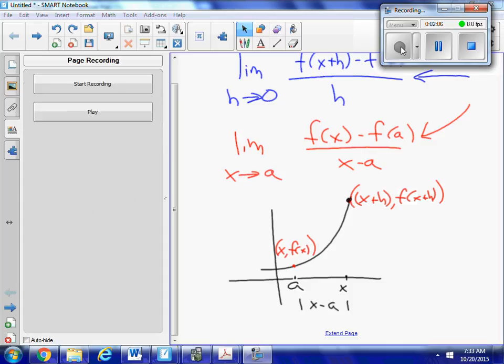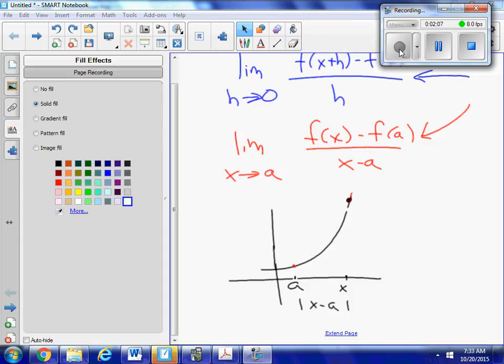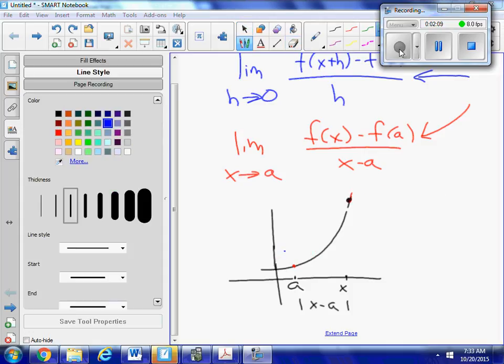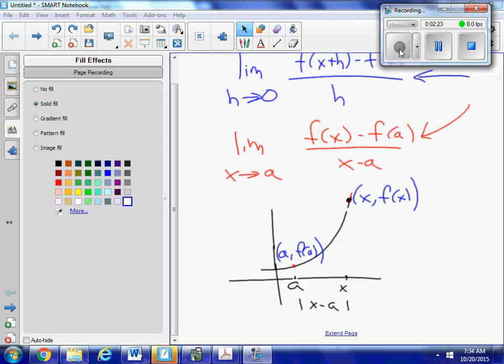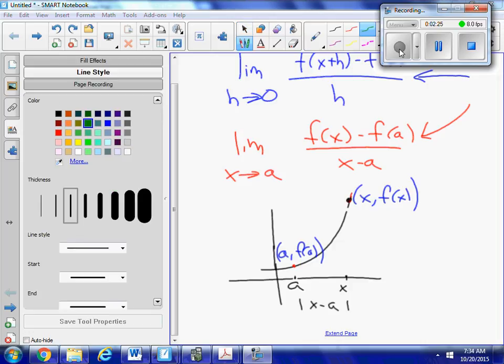And so then this becomes the point a comma f of a, and this becomes the point x comma f of x. Or if I want to look at it like I was looking at it before, this I'm going to call my x2, y2, and this I'm going to call my x1, y1.